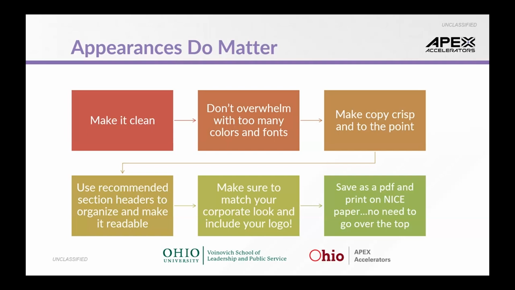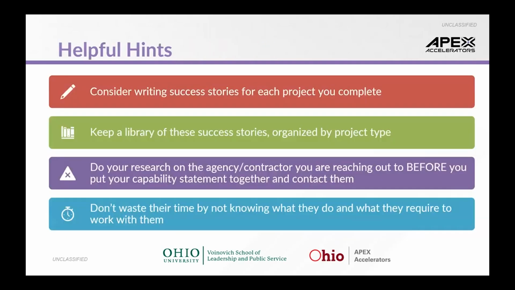Another little hint I want to share: when you're trying to come up with your past performance section, instead of recreating the wheel, here's something I've done in the past. Every time I successfully completed a project, I wrote what I call a success story, where I talked about what I did and how it helped the client, and I kept it in a library.